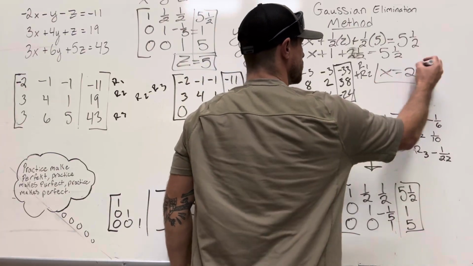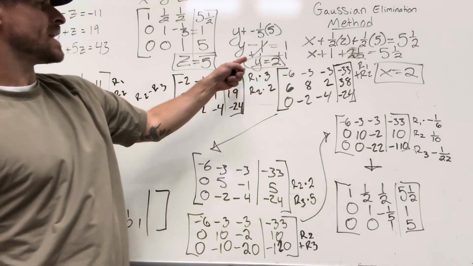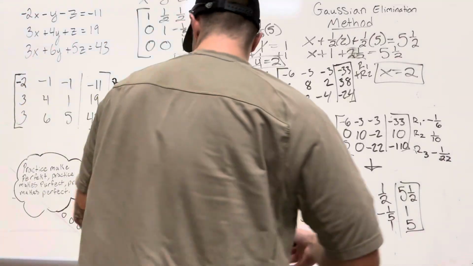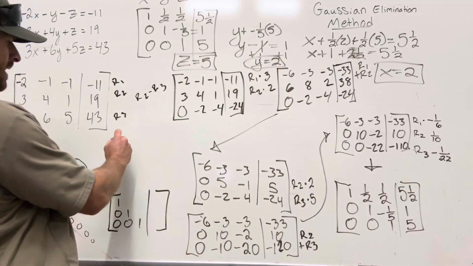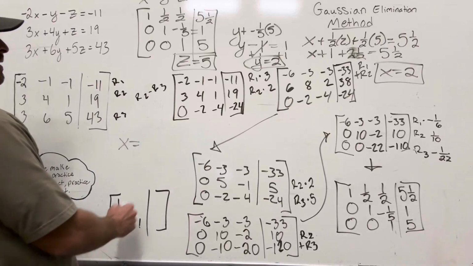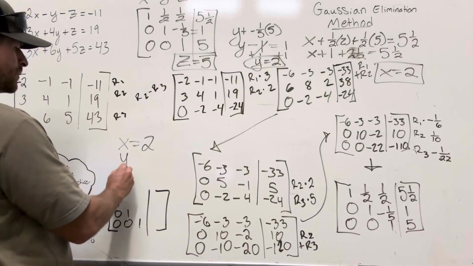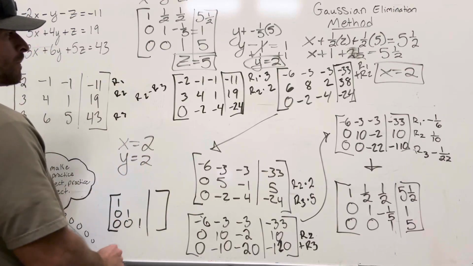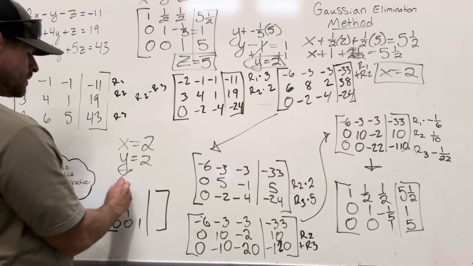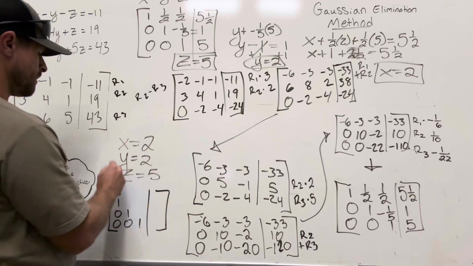So now we got X, Y, and Z. Let's find some empty space over here. X is equal to 2. Y is equal to 2. Z is equal to 5.